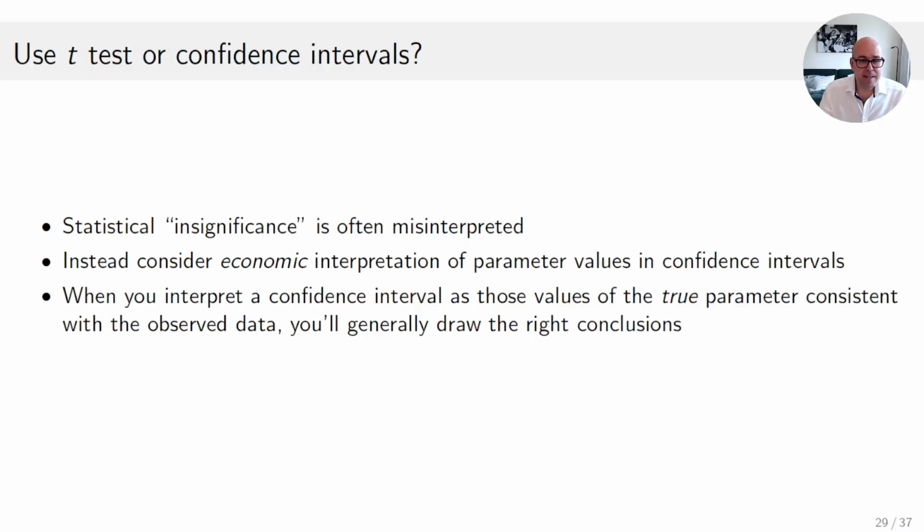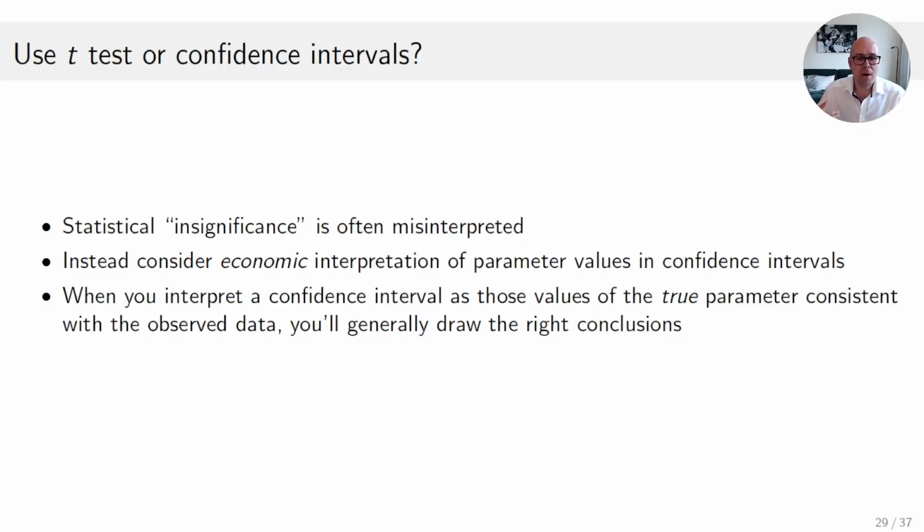Now, we've seen t-tests and confidence intervals, and you might now ask the question, and that's a good question, should I use a t-test or a confidence interval? Oftentimes statistical insignificance is misinterpreted, and also sometimes it's not so important to conduct a test, right?